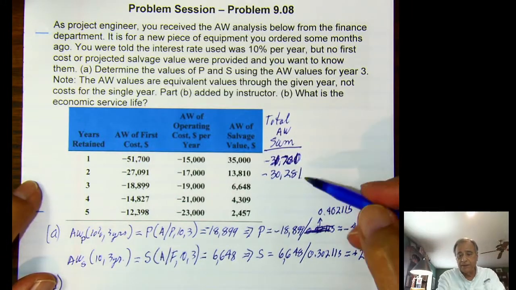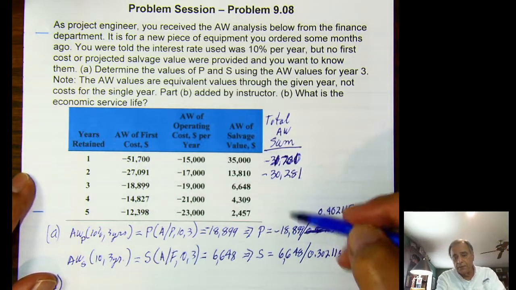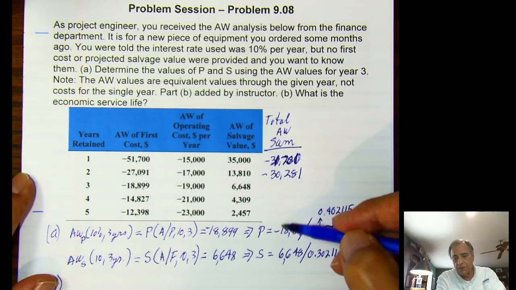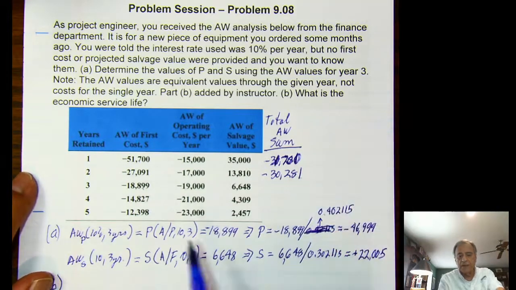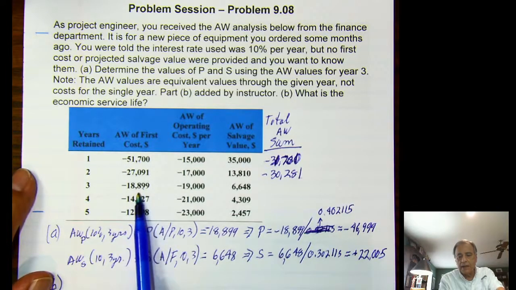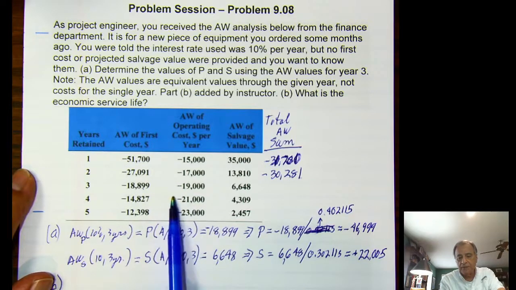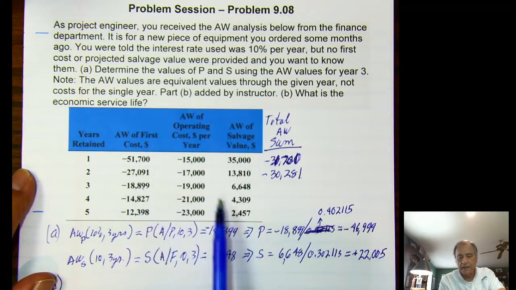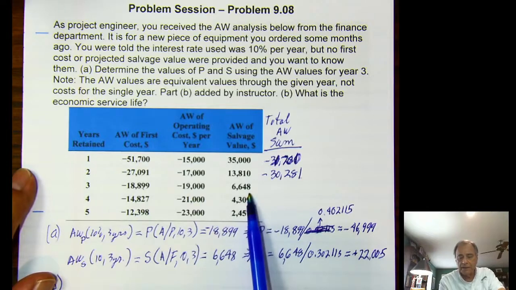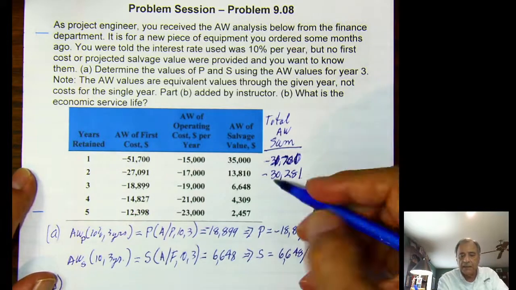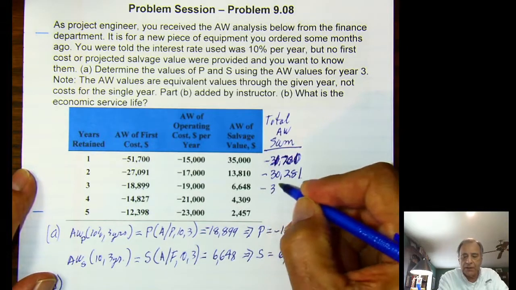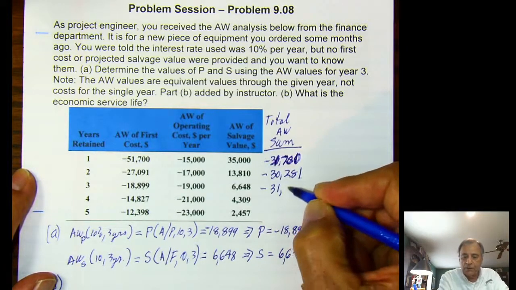So that could be the economic life, but maybe these numbers continue to decrease. So let's see what happens. I add the minus 18,899 to minus 19 is going to give me minus 37,899, and then I add 6,648 to that, and I get minus 31,251.